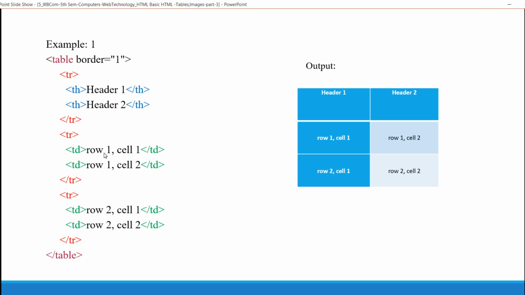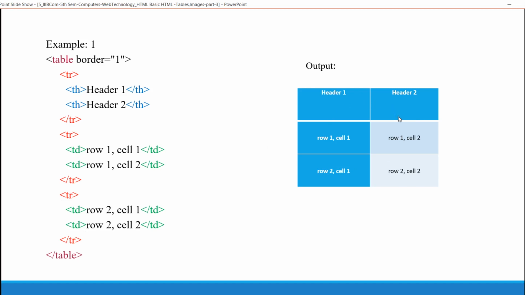Row 1, cell 1. I have taken 2 cells: row 1, cell 1, row 1, cell 2. Close that row. Another row, again with 2 columns. TD, row 2, cell 1. TD, row 2, cell 2. Close here. Finally close the table.